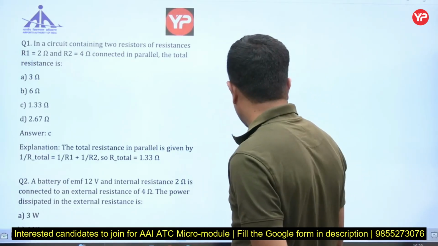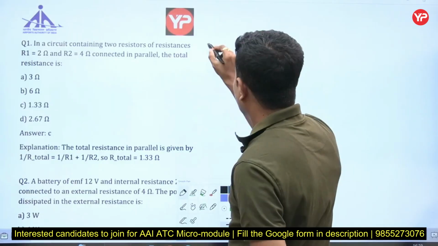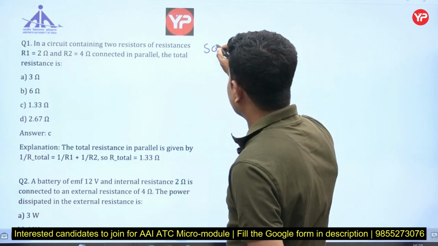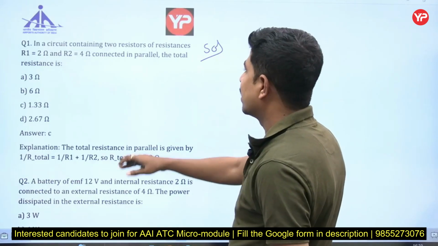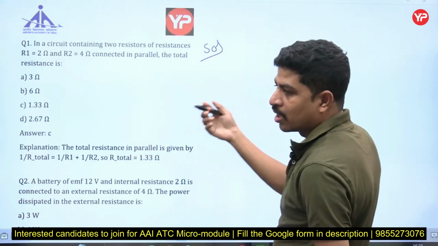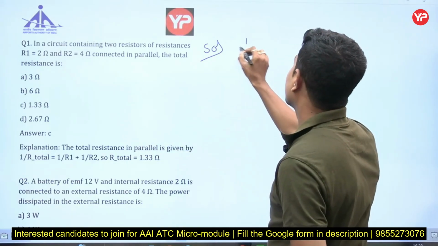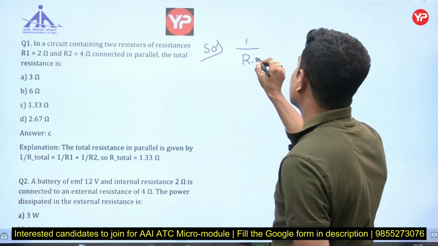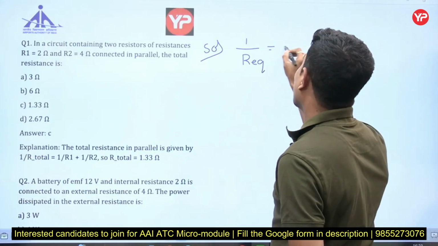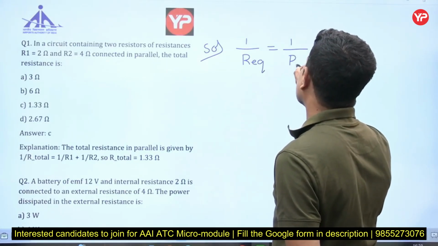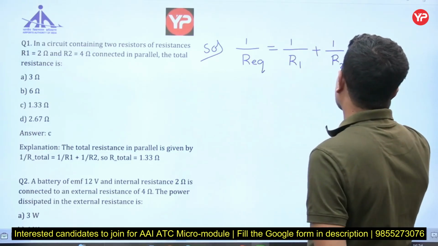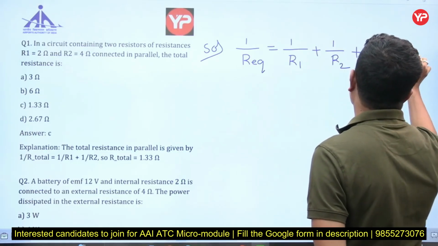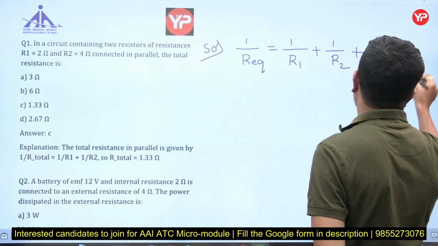Very simple question. Parallel connection of resistances. If n resistances are connected in parallel, then its equivalent resistance is 1 by R equivalent is equal to 1 by R1 plus 1 by R2 and so on up to 1 by Rn.